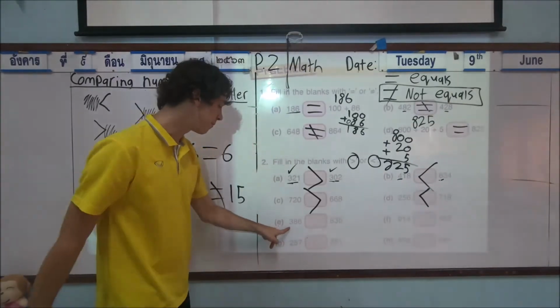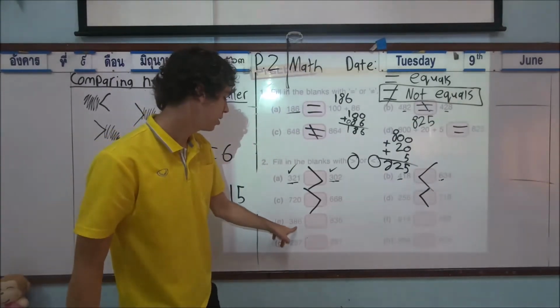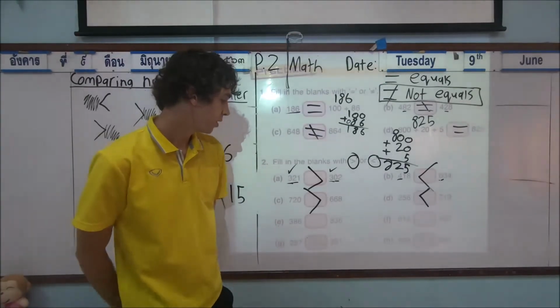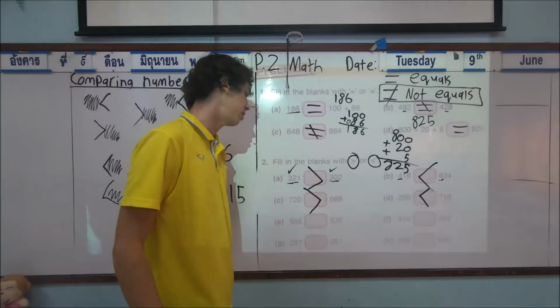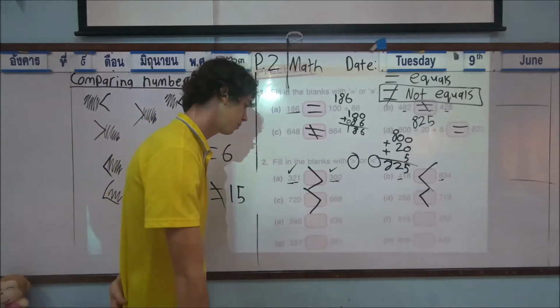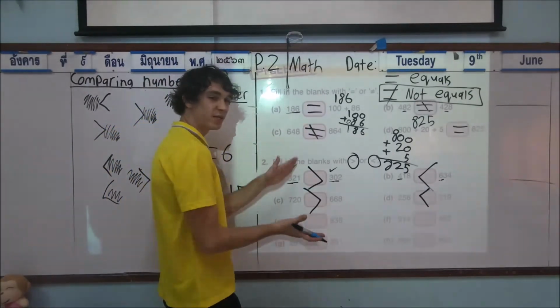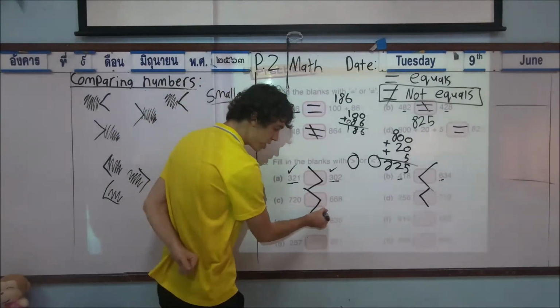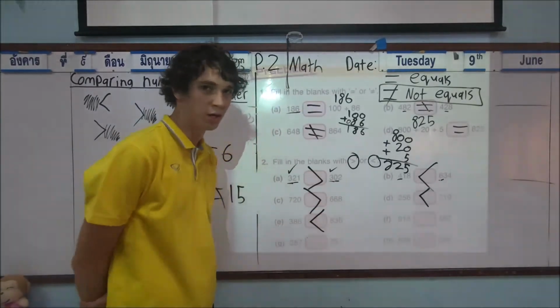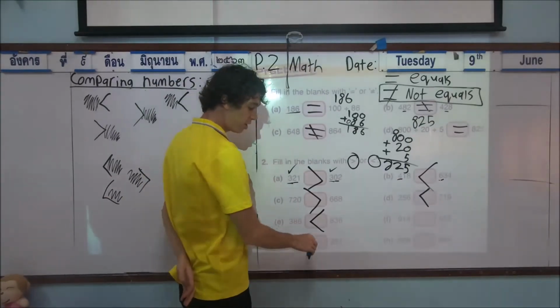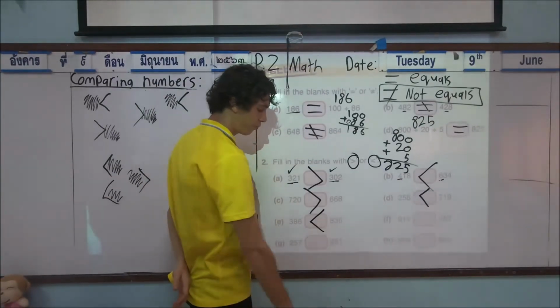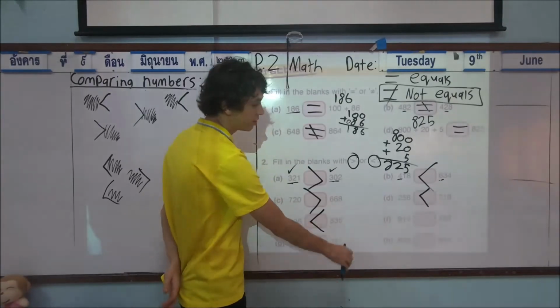Okay, E, 386 and 836. We want to eat the big number, so we eat 800. 386 is less than 836.